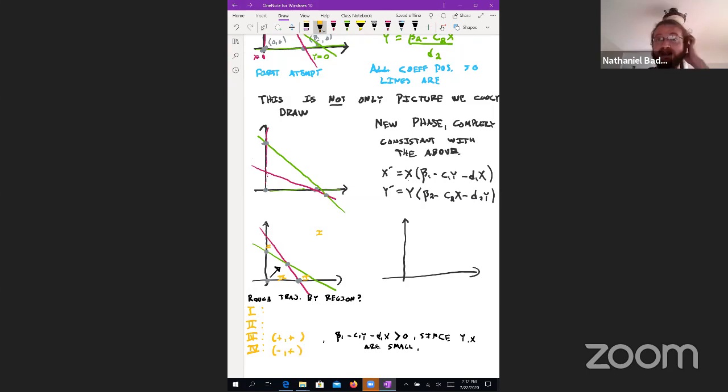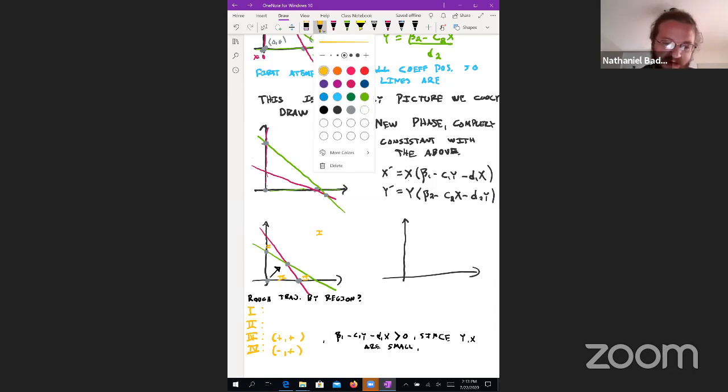And actually, the exact null line that we're crossing is the null line beta 1 minus C1y minus D1x equals 0, right? So this condition exactly flips.